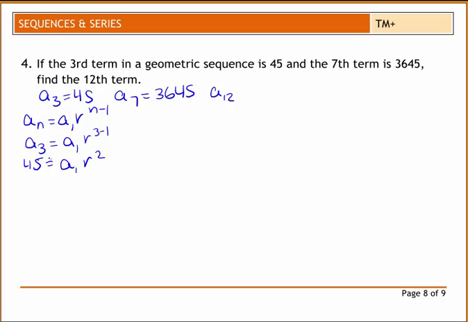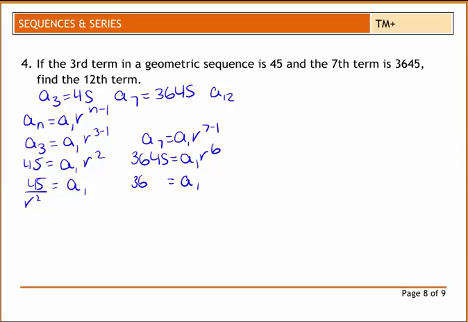I'm going to rearrange for a1. So a1 equals 45 over r squared. Let's look at our other term. a7 is going to be a1 r to the 7 minus 1. So 3645 equals a1 r to the 6. Rearrange: a1 equals 3645 over r to the 6.